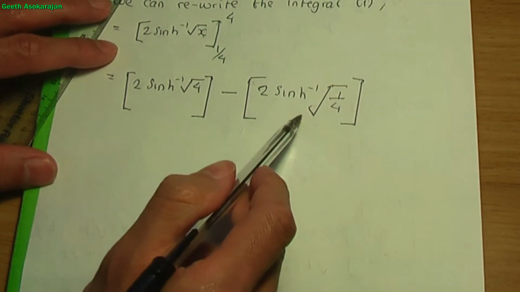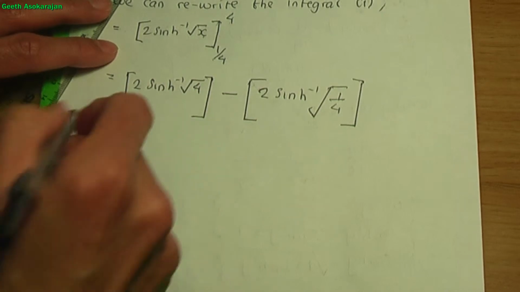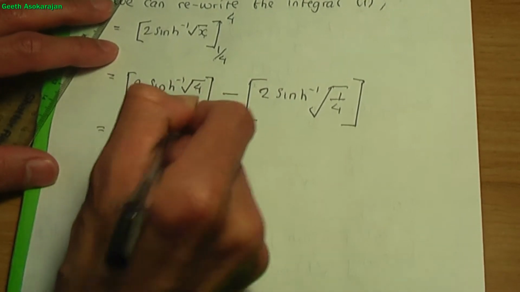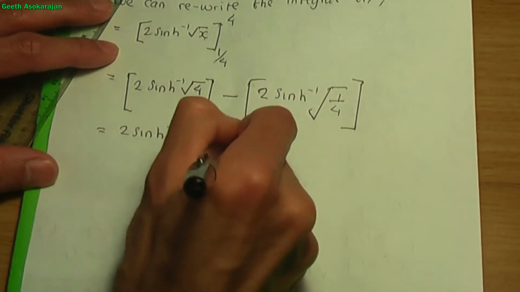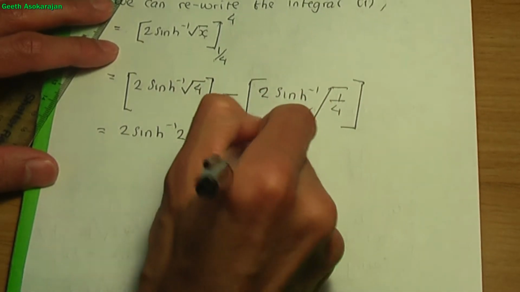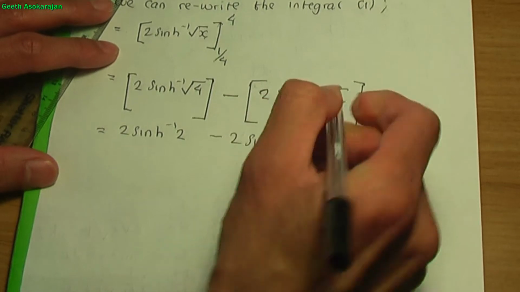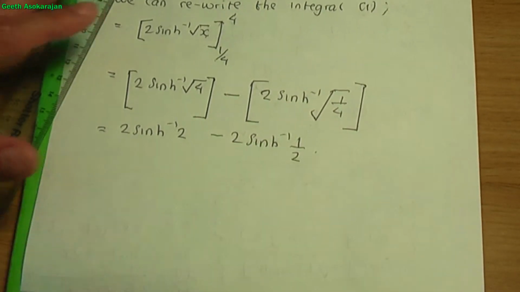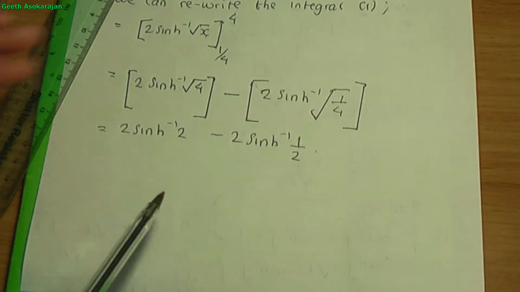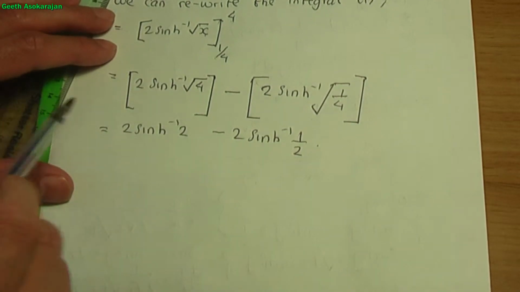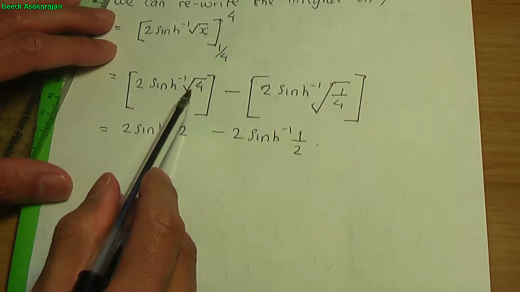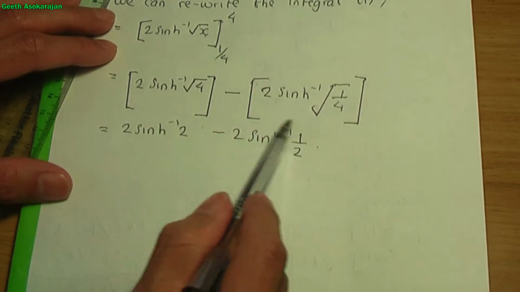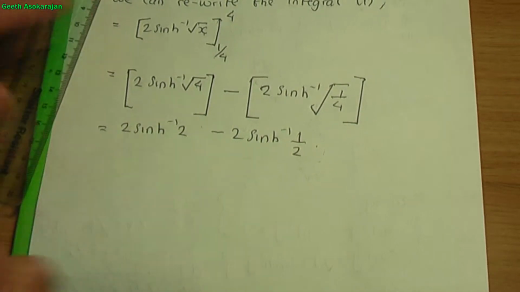So if we go one stage further and simplify these roots, we're going to end up with 2 inverse hyperbolic sine root of 4 is 2, minus 2 inverse hyperbolic sine root of 1/4 is half. Now there is a result for the definition of the inverse hyperbolic sine of x. We can use the definition to simplify these two terms.